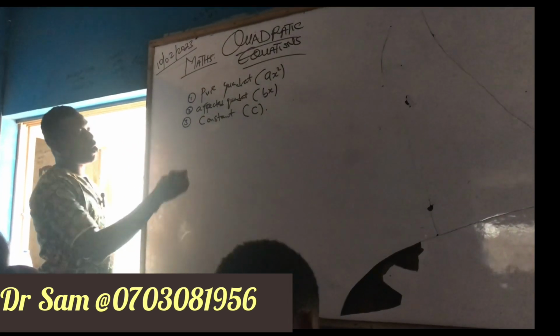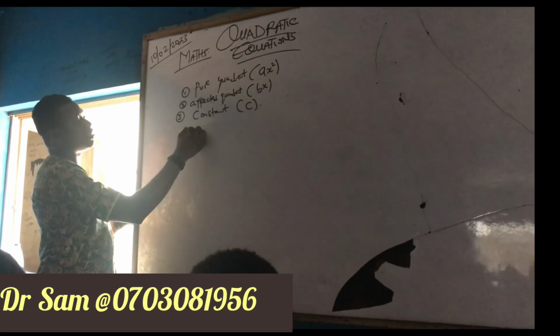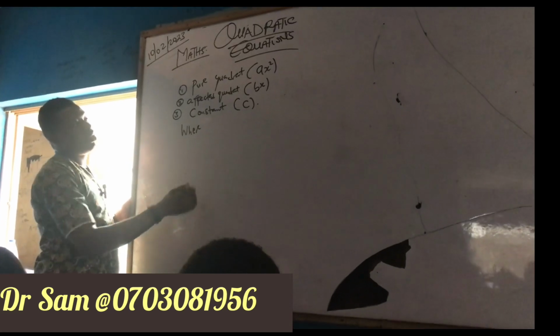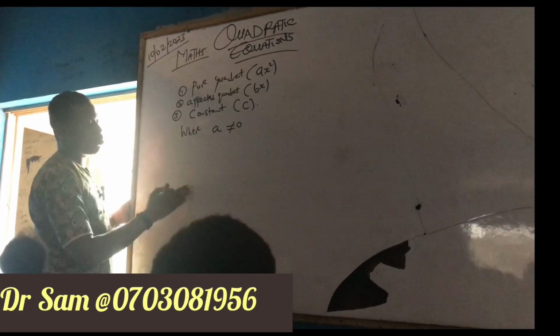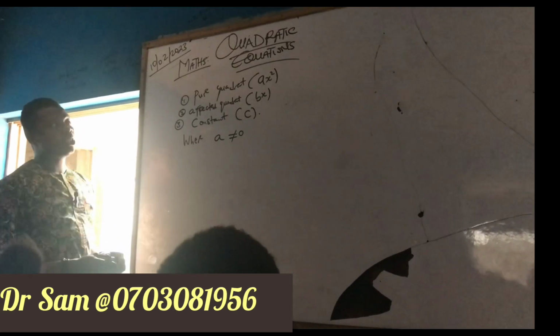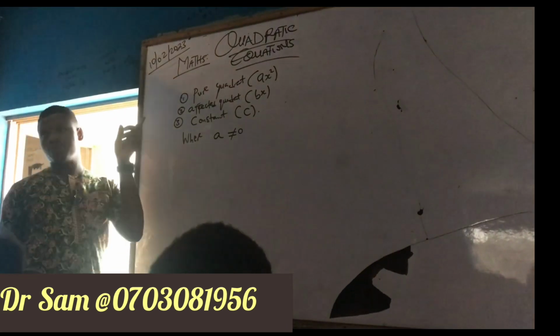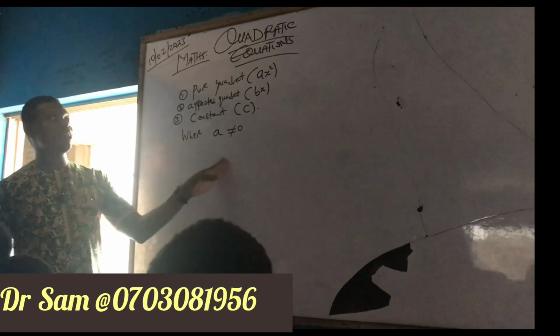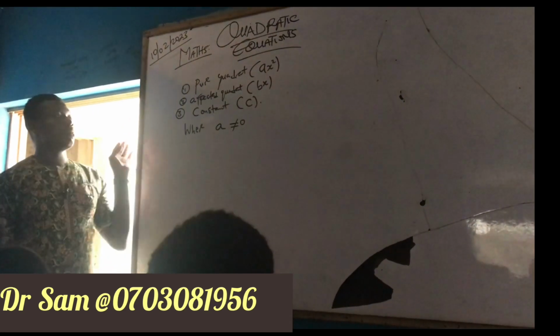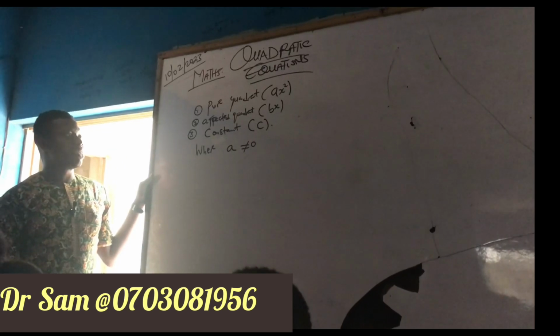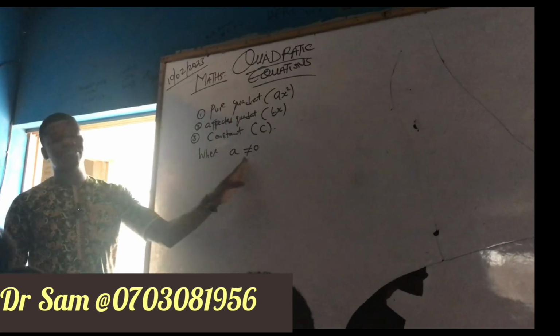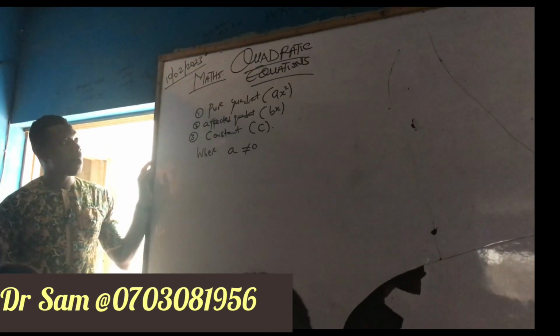It is also important we note that a must not be 0. For a quadratic equation, that value, the coefficient of the pure quadrat, must never be 0. Please take note of that, where a is not equal to 0.